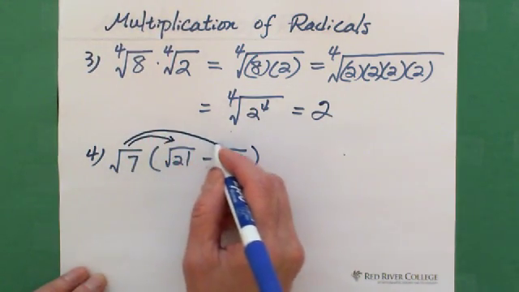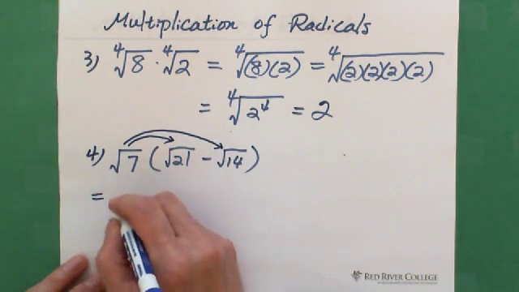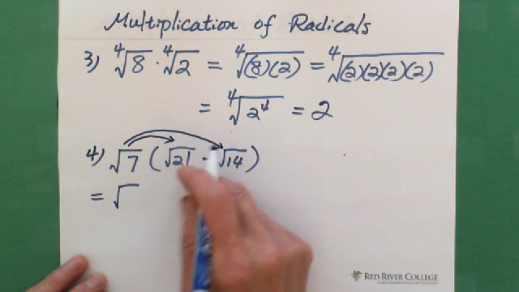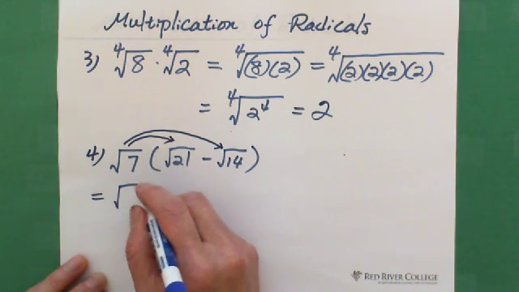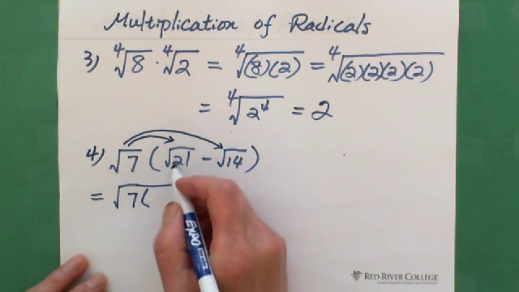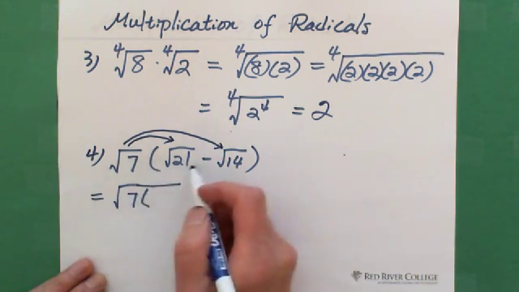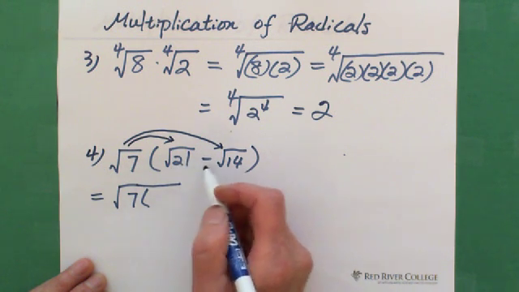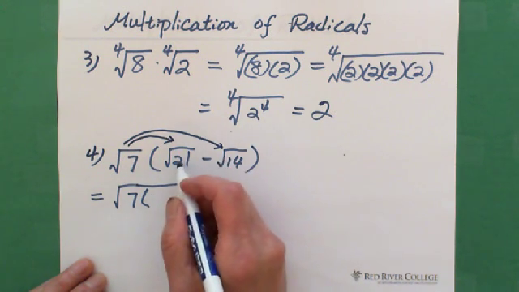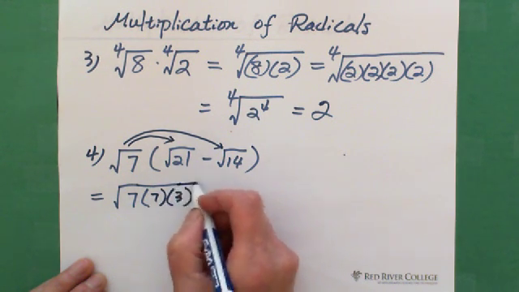We got square root 7 times square root 21, the same square root, we share the same radical, which is 7 times 21. How are they related? 21 equals 7 times 3, so I write 21 as 7 and 3, right?